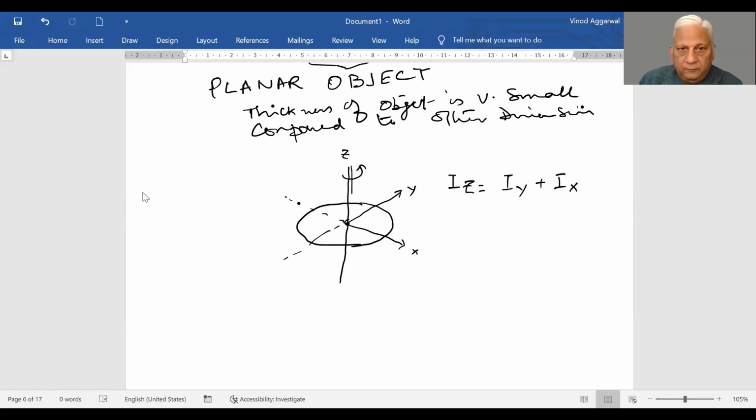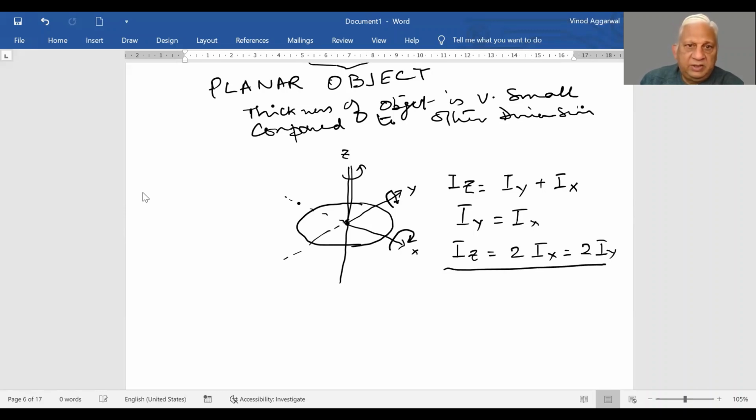If you were to rotate the disk like this, or like this, the moment of inertia is the same because of the symmetry. So Iy is equal to Ix, and we can say Iz is equal to 2 times Ix or 2 times Iy.